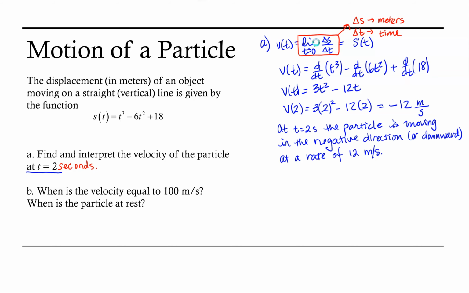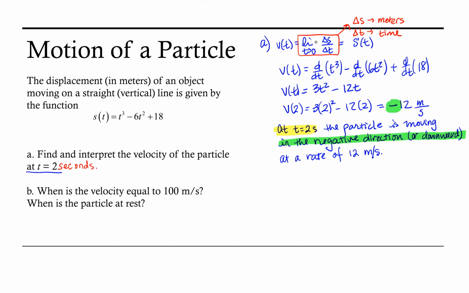So what this velocity is telling us is that at t equals 2 seconds, so at a specific point in time, the particle is moving in the negative direction. We know it's moving in the negative direction because of the negative sign. And in the presence of a vertical line, the negative direction is downwards.